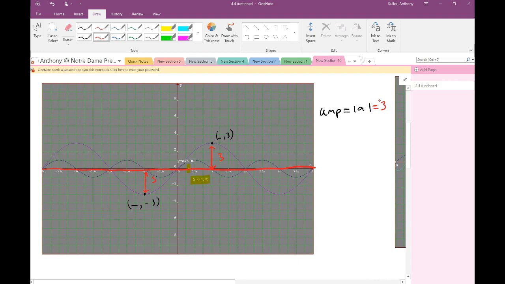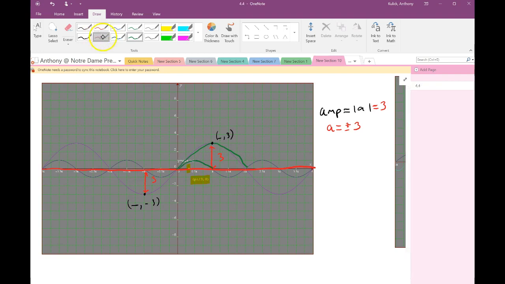Now, it doesn't matter really whether we pick the value for A to be positive 3 or negative 3. We can do the problem either way, but we can make our life easier if we're a little bit clever and intelligent about how we're picking whether we're going to have positive 3 or negative 3. My observation is that if I look at the graph of the parent function, I start off with a crest, and in this one I start off with a crest.